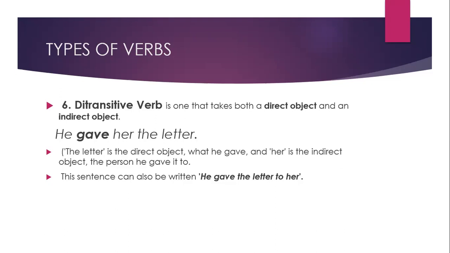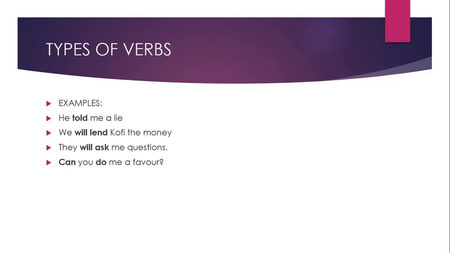Such sentences can be rewritten so that you say he gave the letter to her. He bought a phone for her. He bought her a phone. He told a story to them. He told them a story. All these are examples of ditransitive verbs in sentences. So here are more.